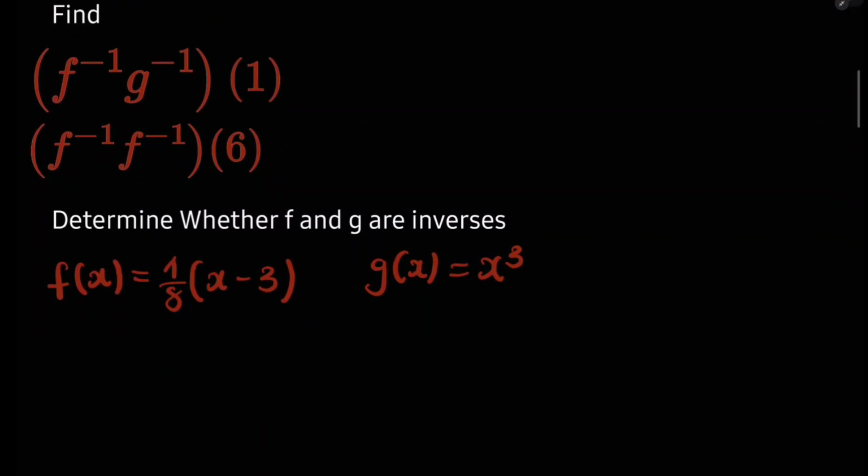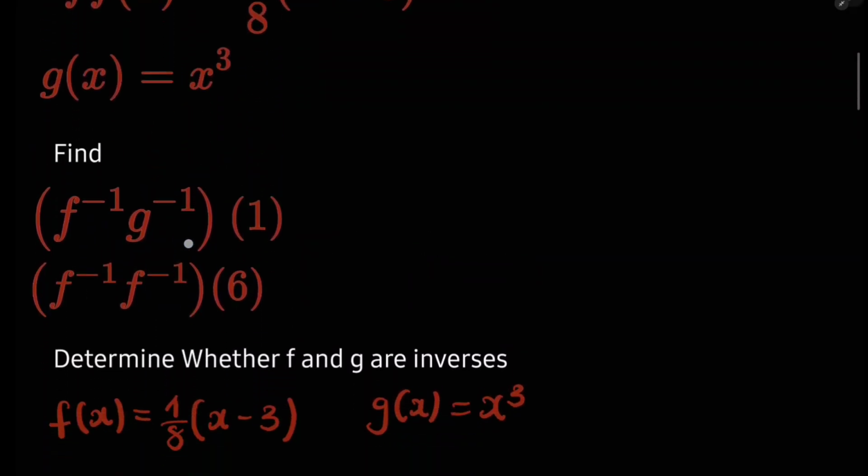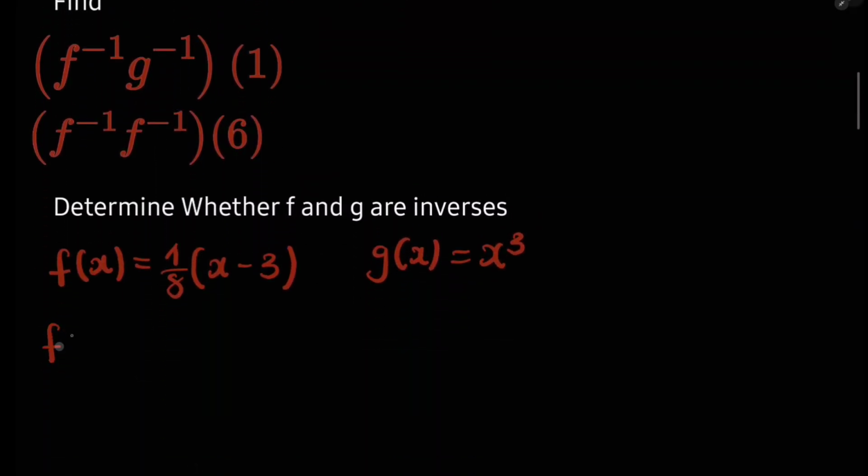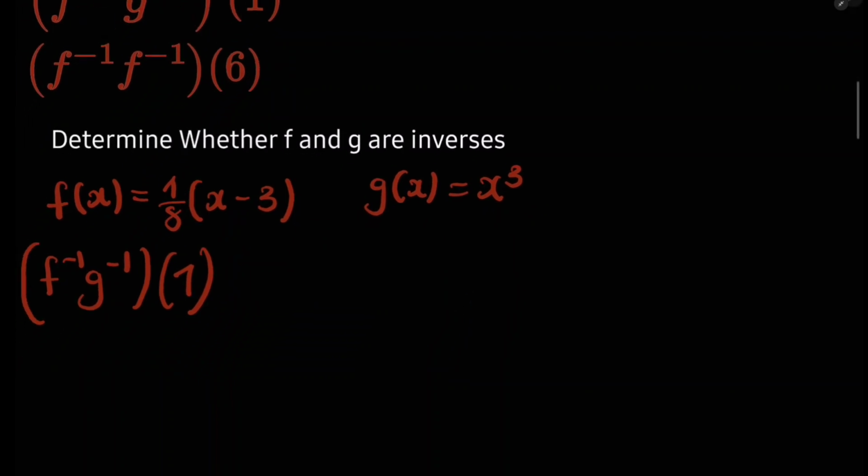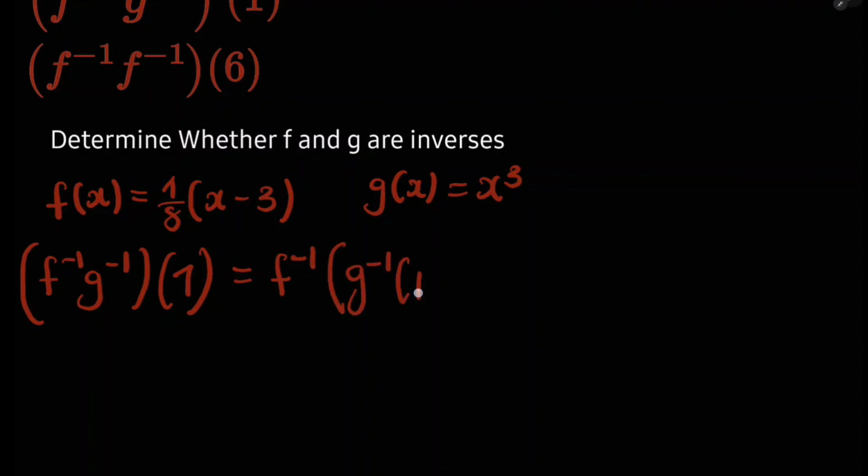So first we are to find f inverse of g inverse of 1. Remember I said there's another way to write this in order to make us understand better. We can also write this as f inverse into g inverse of 1.